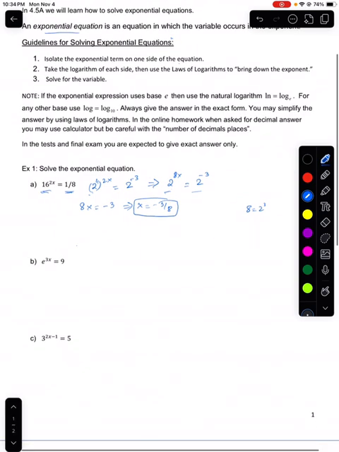Okay, looking at the next example, here we have e and 9, so we cannot do it the way I did in a. So what should we do? Well, in the exponent we have the variable 3x, and the base here is e. So I will apply ln.